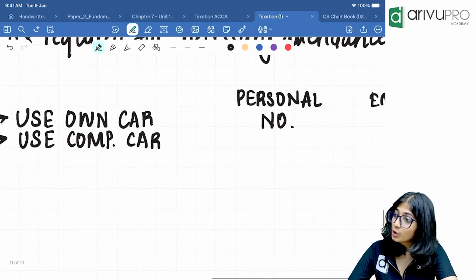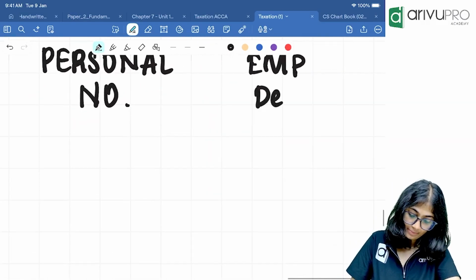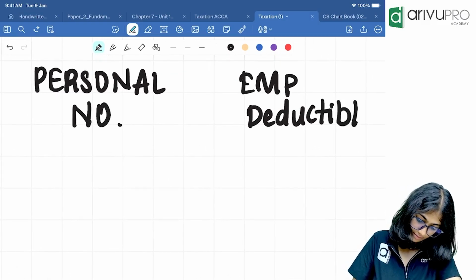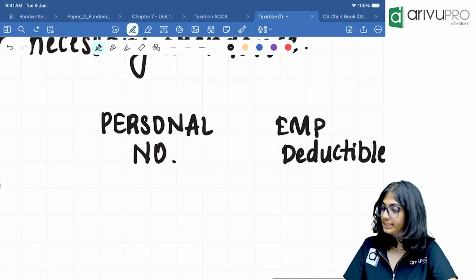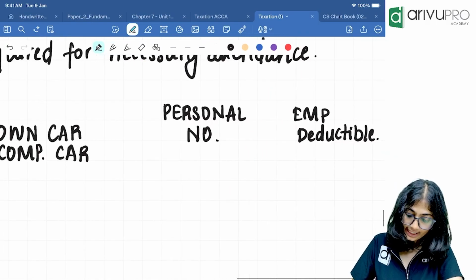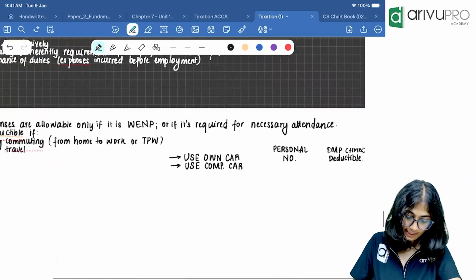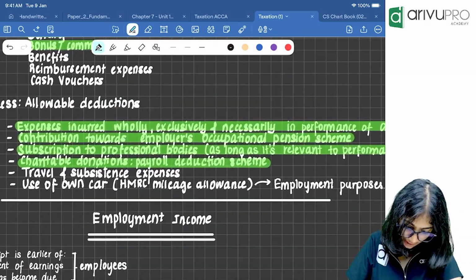If you're using your own car for employment purposes, then it is deductible. It's deductible under what? HMRC mileage allowance, this part that we just saw.